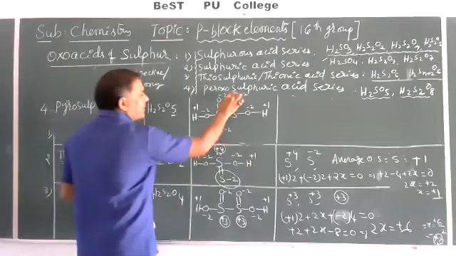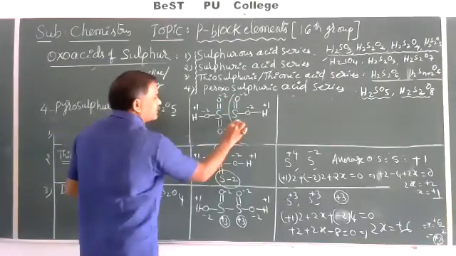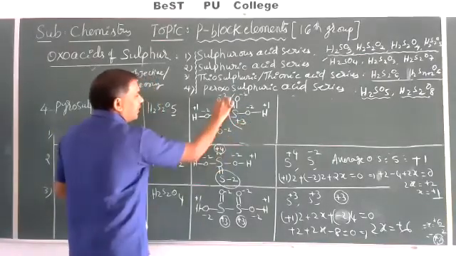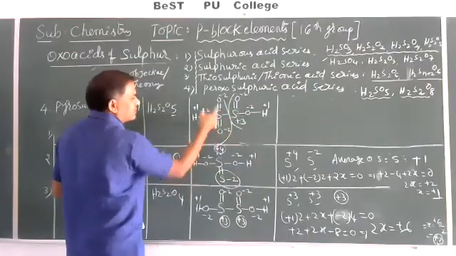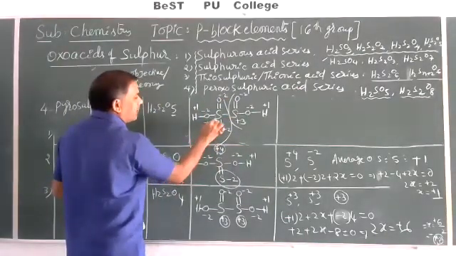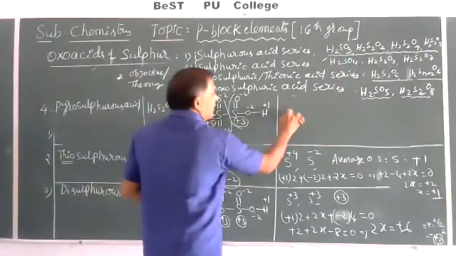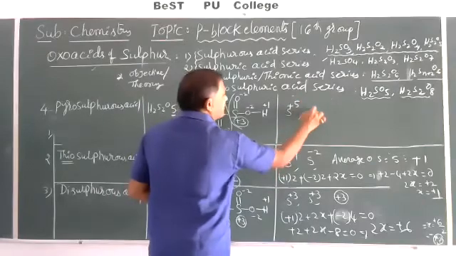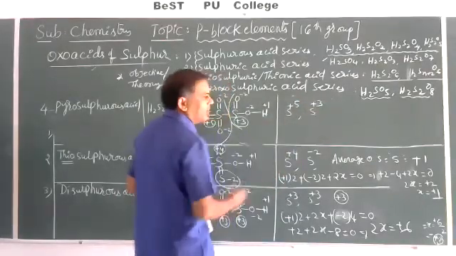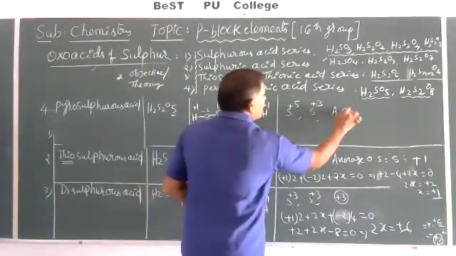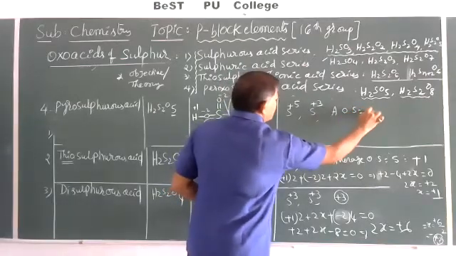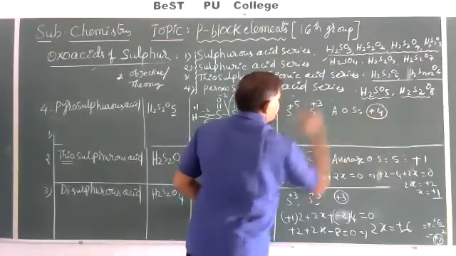If you take separately, for one sulfur the oxidation state is +3, and for the other the oxidation state is +5, like this, +3 and +5. So one sulfur is +5 and another sulfur is +3. Now its average oxidation state is +4.